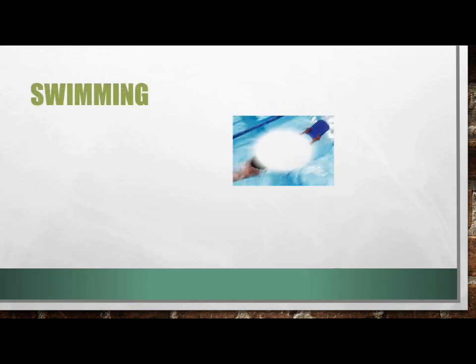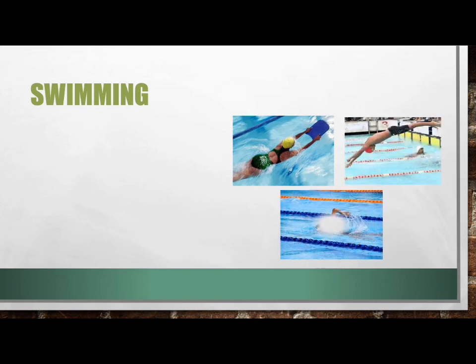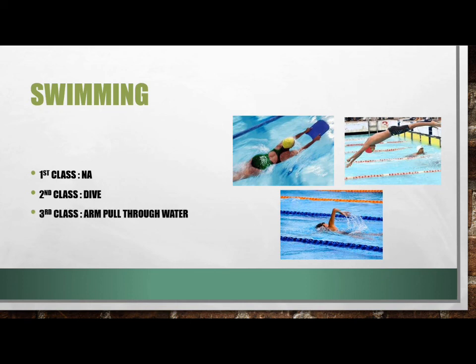Then swimming. Swimming is similar to running. In swimming, the swimmer's body is an object which is moved by using levers. The arm acts as a lever in swimming. The second class lever is used during the dive, otherwise third class lever in the pull through phase.